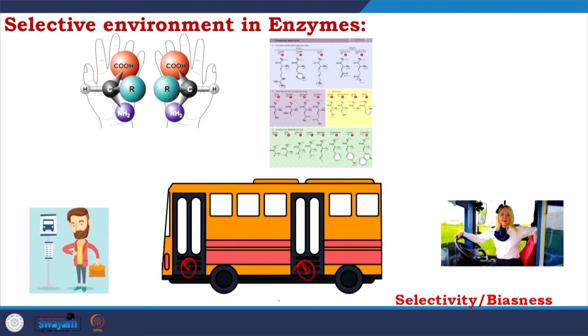Now, suddenly the guy observes the driver, there is a beautiful driver. So, now instead of equivalent chances of front door and back door, to him the preference becomes the front door. Similarly, in an enzyme or protein, especially in an enzyme, when it goes for the catalytic reaction, the choice depends on the chiral environment.